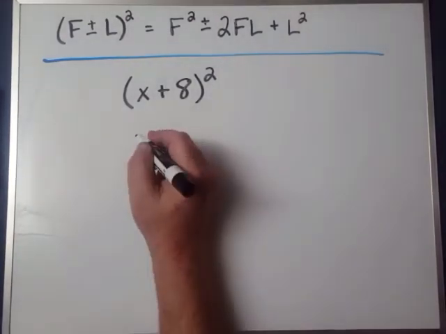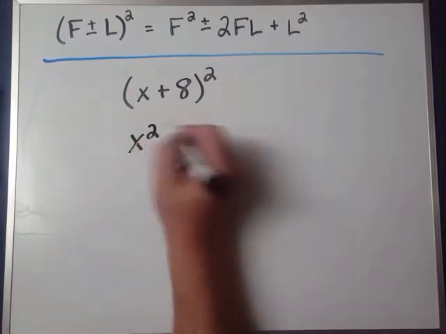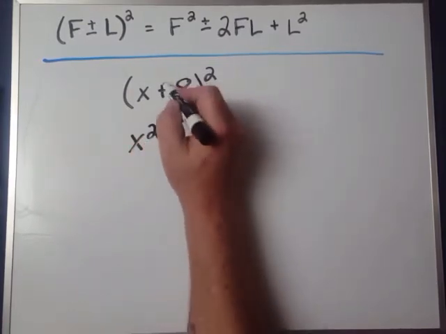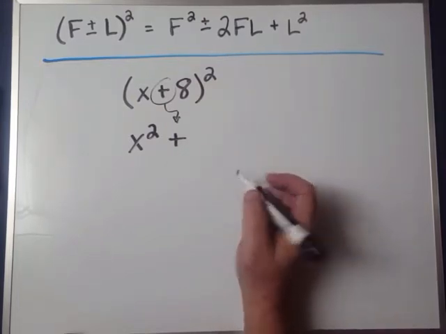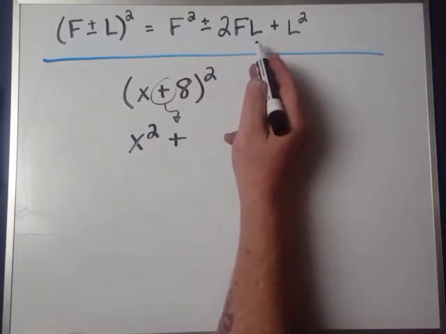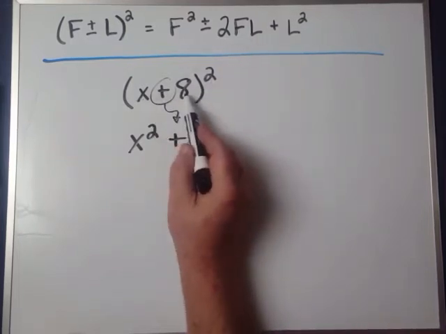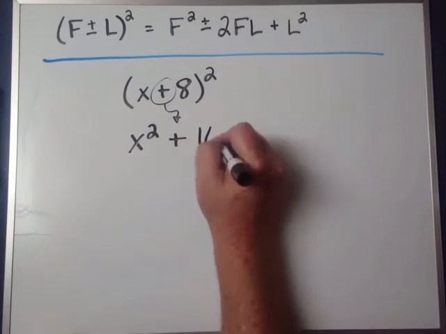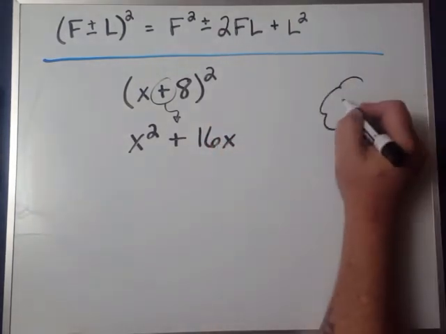So here we go. The first squared. Square the x, you get x squared. And plus, because this will match the sign of the problem, double the first times the last. The first times the last, x times 8 is 8x. Double that, you get 16x. Does that make sense?